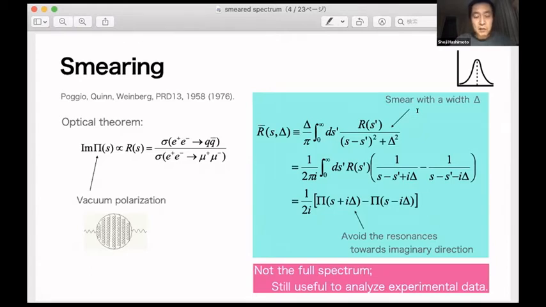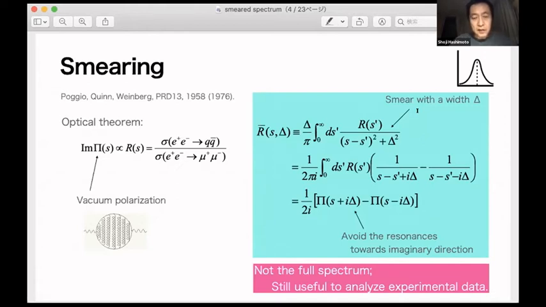Analyzing those complicated structures using perturbation theory is extremely hard, and that is a completely non-perturbative question. So what they did was to introduce the smearing with some widths. They found that they can analyze the experimental data using perturbation theory.